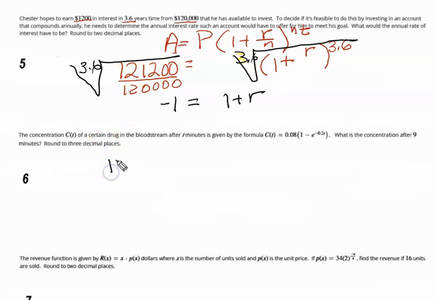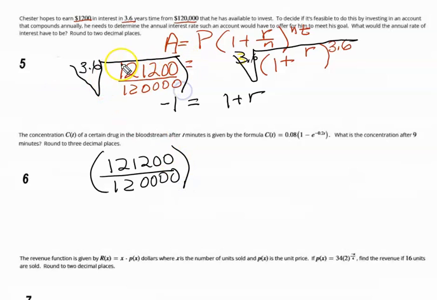This would be 121200 over 1, 2, and then 4 zeros. Put that in parentheses, and this is going to be raised. Remember, there's a 1 there, and this becomes the fractional denominator of our exponent here.